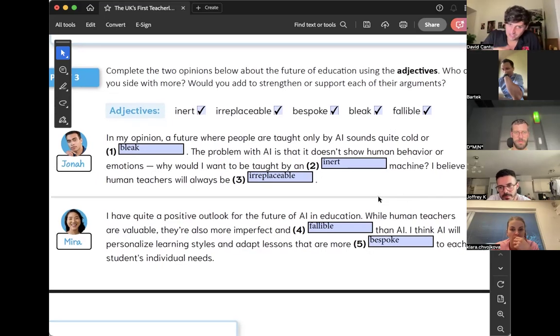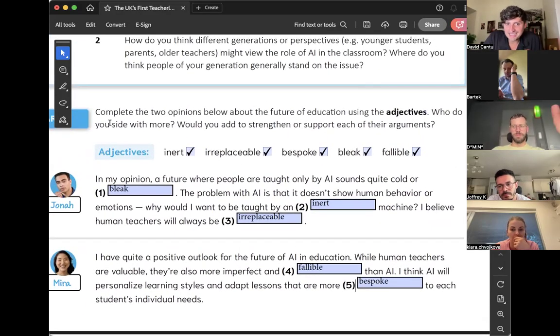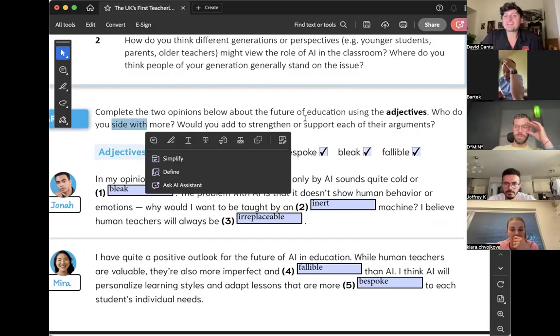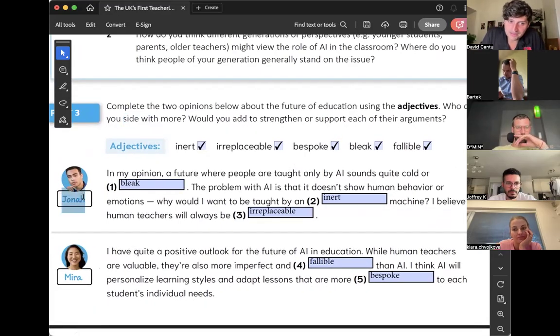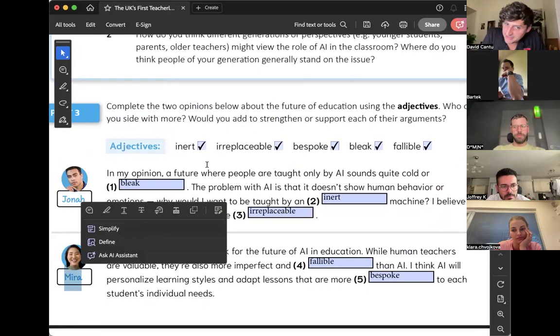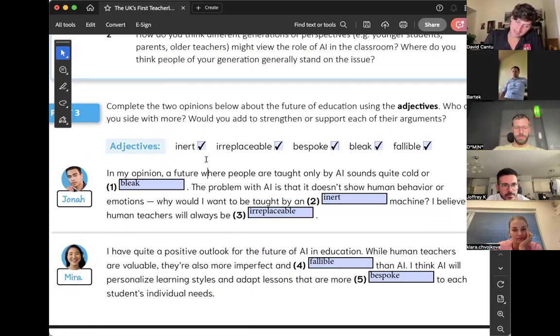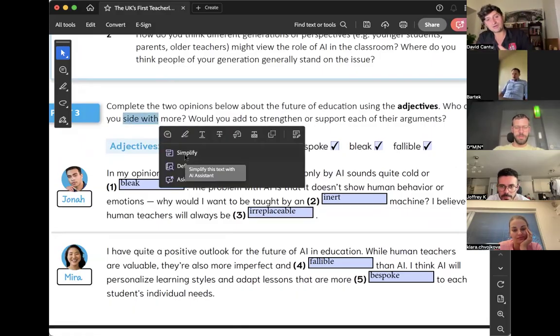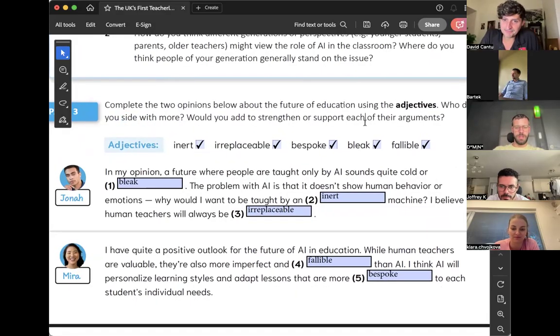Right. So in your next conversation, try to side with someone. You could say, I side with Jonah. Or of course, you can use basic English: I agree with Jonah. I agree with Myra. Or you can say, I side with this person, or I side with this other person. And how would you add to their arguments?